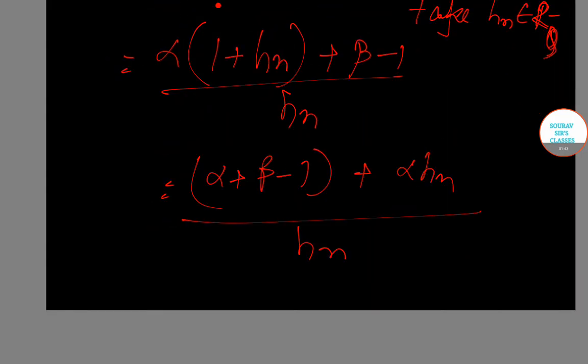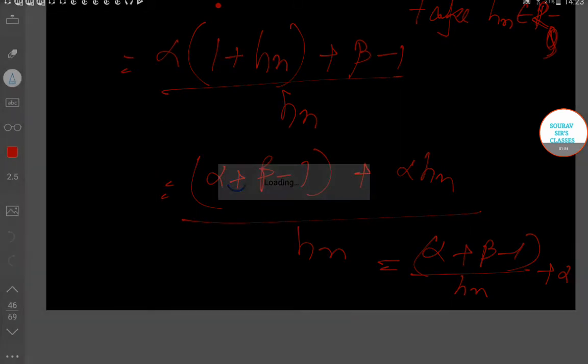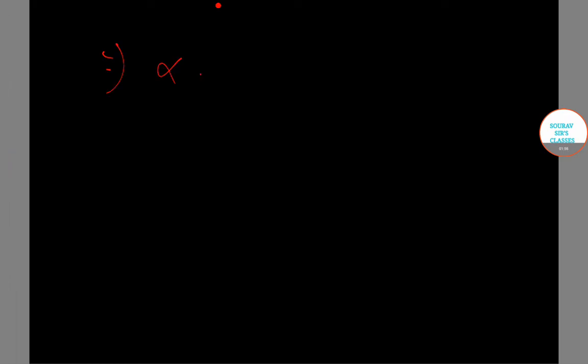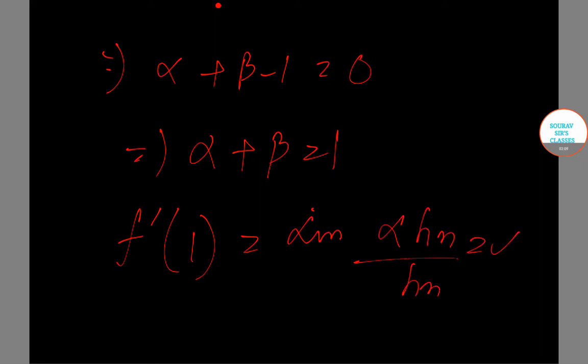This equals alpha plus beta minus 1 by h_n plus alpha. This gives us alpha plus beta minus 1 is equal to 0. So alpha plus beta is equal to 1. Now f dash 1 is equal to limit alpha h_n by h_n, which is equal to alpha.